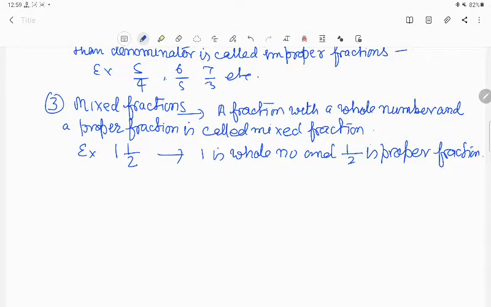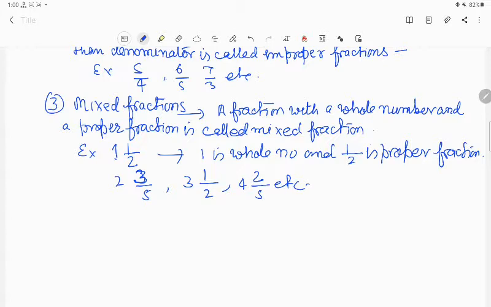This combination is called mixed fraction. So examples of mixed fraction: 2 3/5, 3 1/2, 4 2/5, etc. These are the mixed fractions.